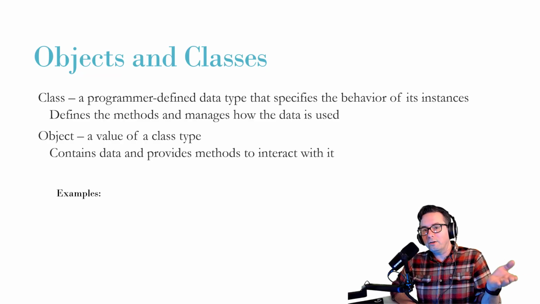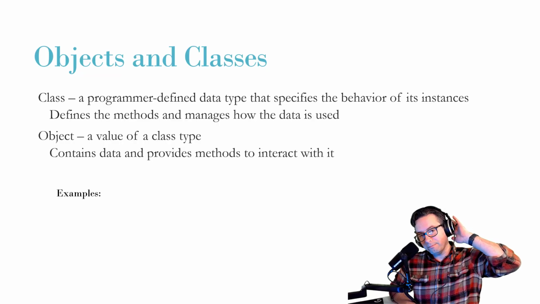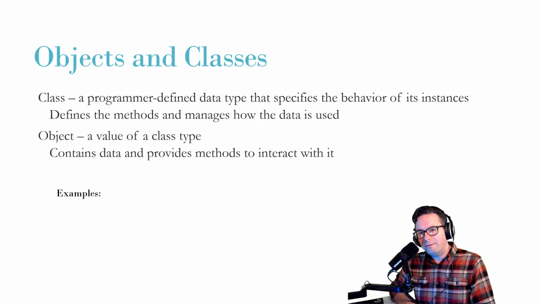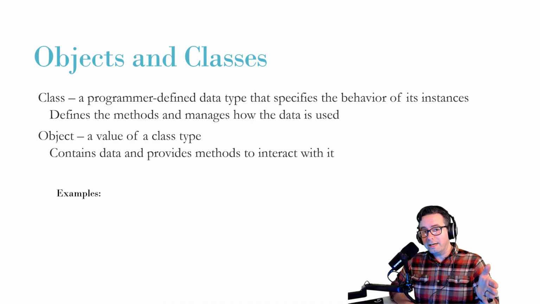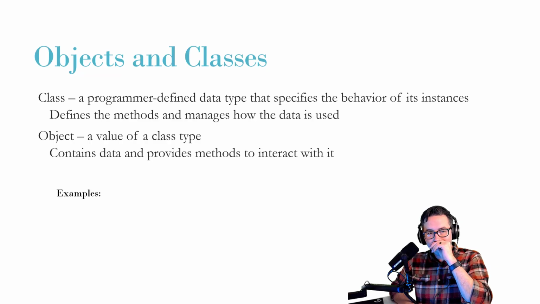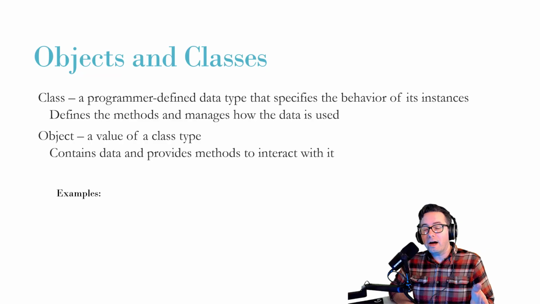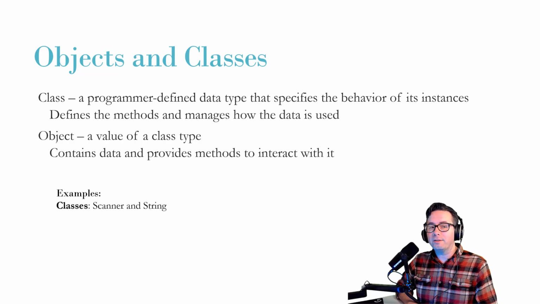It's something that somebody can do. I wouldn't recommend this yet if you're brand new to Java. But the idea is we create objects all the time. Any string or scanner that we've created, those are all objects. So let's talk about those a little further.